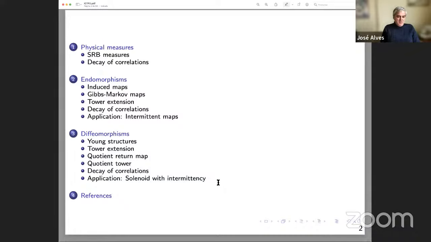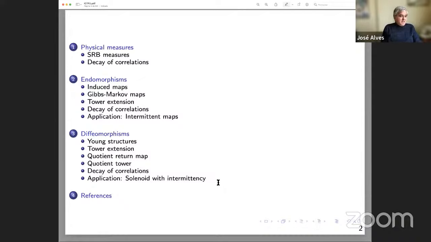For that, I'm going to start introducing special sets with some good structure, and I'll call these structures Young structures. They have associated to them a return map, or recurrence time, and induced dynamics associated to the original dynamics.